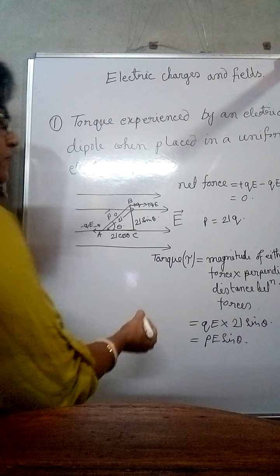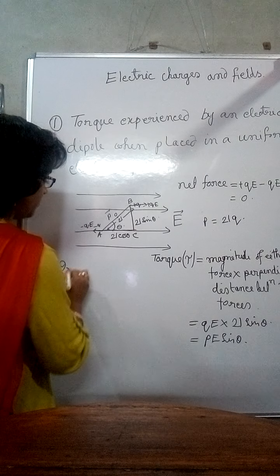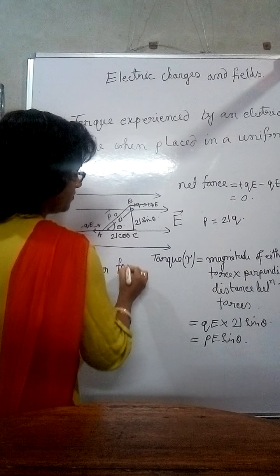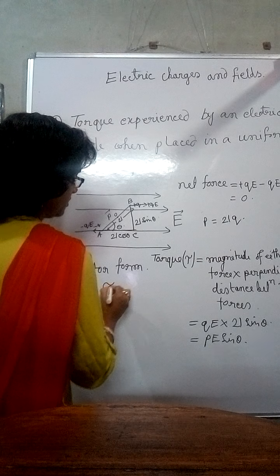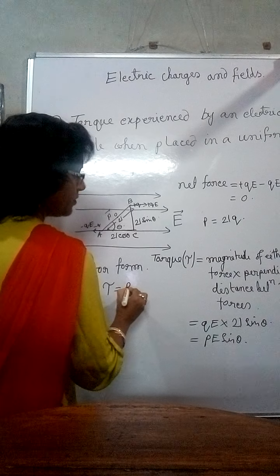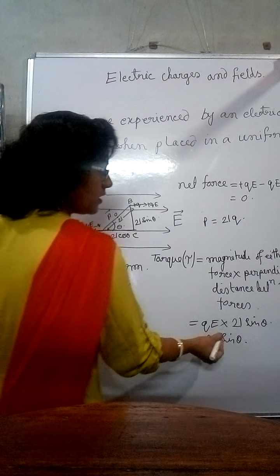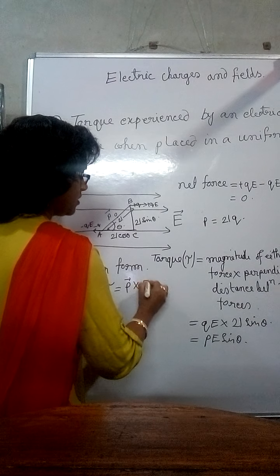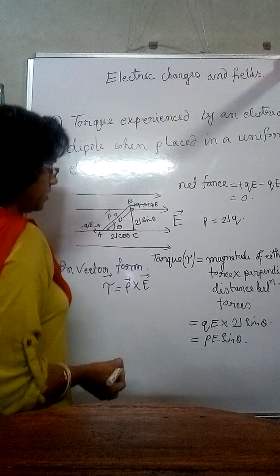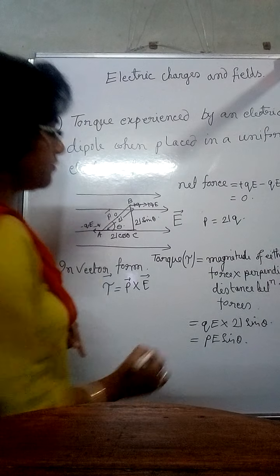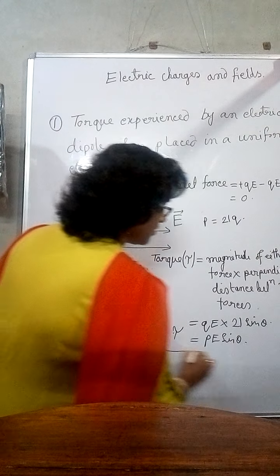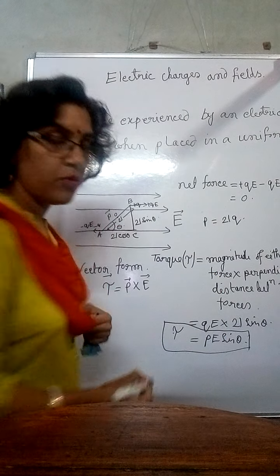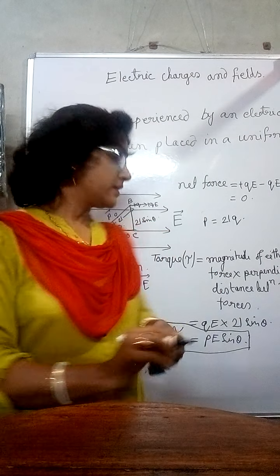So in vector form, torque tau is equal to PE sin theta, that is the cross product, P vector cross E vector. So this is the expression for the torque experienced by an electric dipole when placed in a uniform electric field.